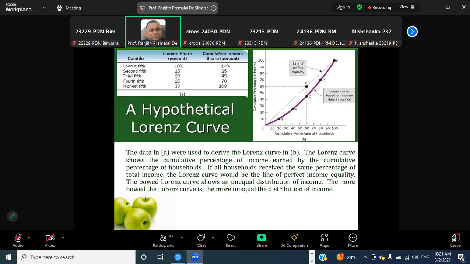What you have in the table is the income and the cumulative percentage of households, like out of 100, first 20%, second 20%, third 20%. So it goes 20, 20, 20, 20.